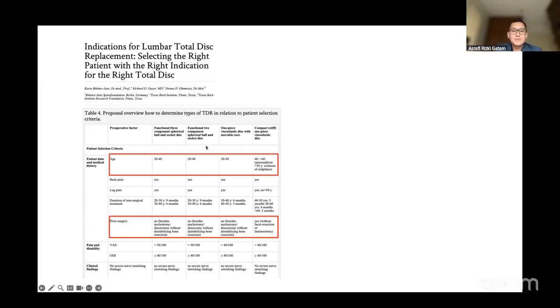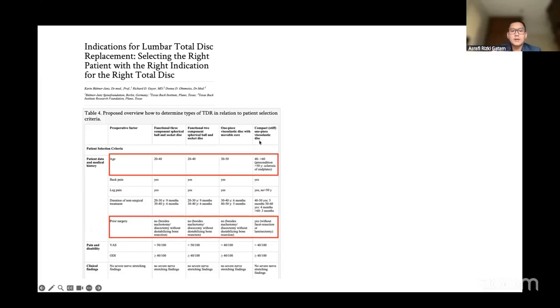Basically, if we look here, whenever we want to do a disc replacement in an older patient, we need to consider doing it with the viscoelastic disc.